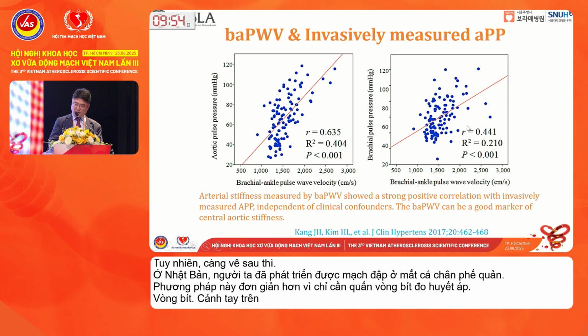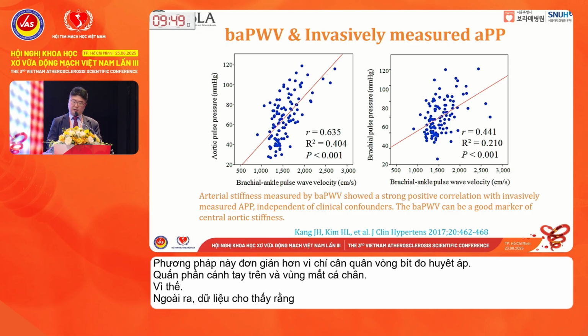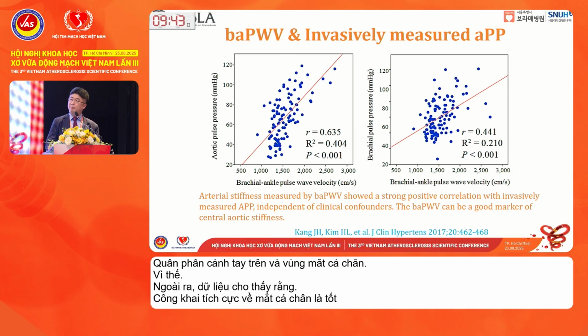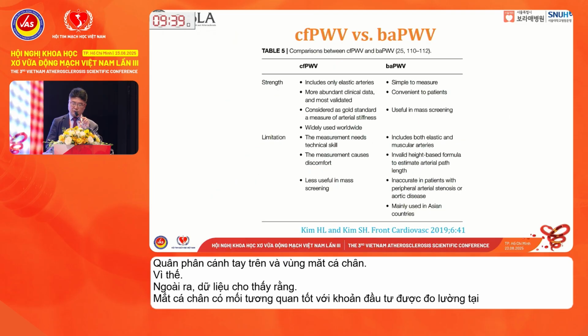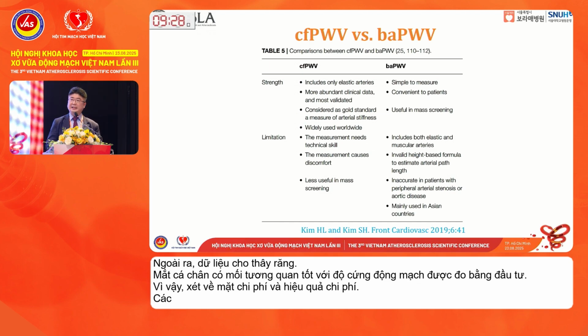Also, data showed that the brachial ankle pulse velocity is well correlated with the invasively measured arterial stiffness. So from the point of view of cost effectiveness, the brachial ankle pulse velocity is simpler and easier.